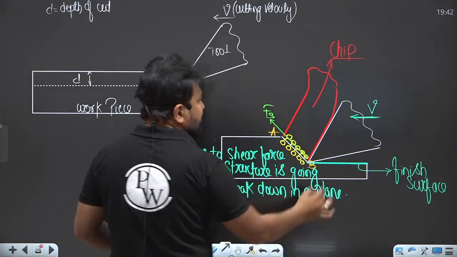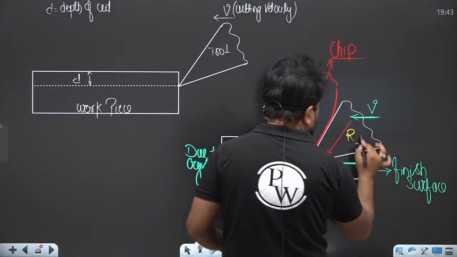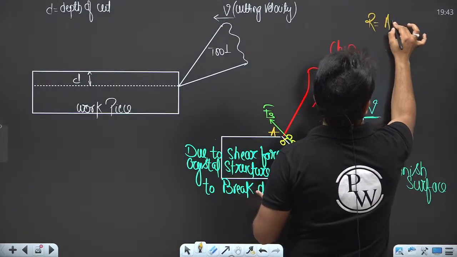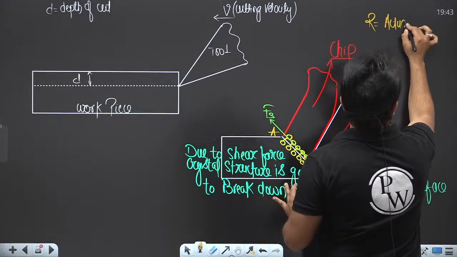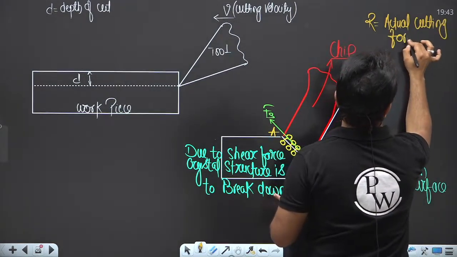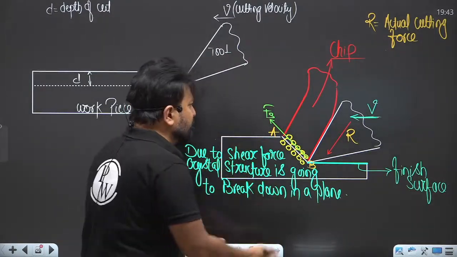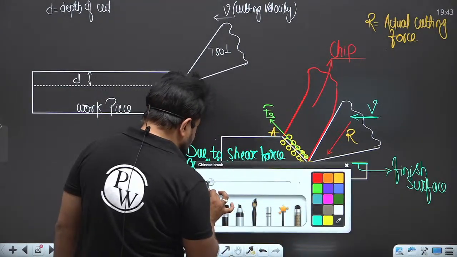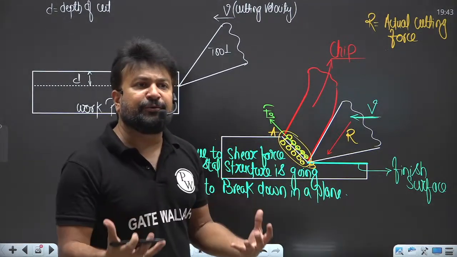Here R is the actual cutting force. That actual cutting force you are giving to the tool, and because of that, in a plane, a shear force is produced.